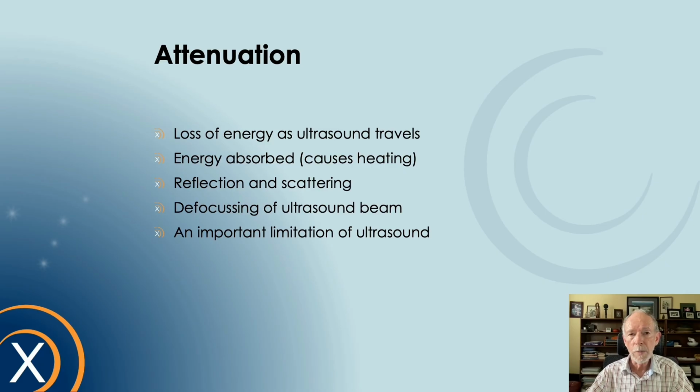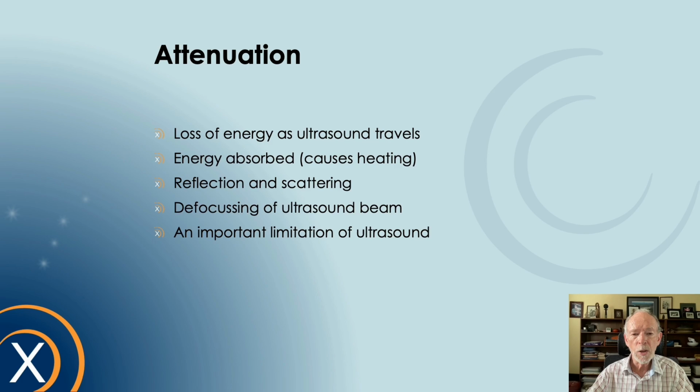One other mechanism that's less obvious is that there are some situations where the ultrasound beam becomes defocused. Now, I haven't referred to the beam until now, but the ultrasound is transmitted in a focused beam. The machine focuses as best it can because this will produce the best quality image.